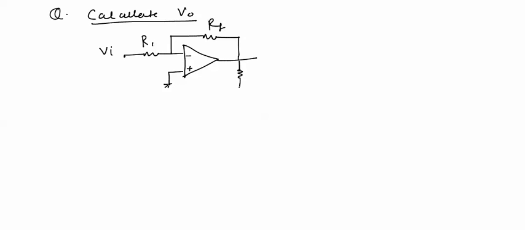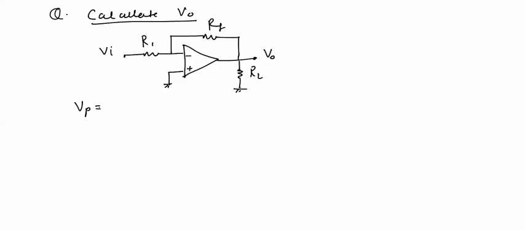In this circuit we can see that it is an inverting amplifier with slight modification. This time we have added a load resistance also. We have to calculate the output voltage V naught. So we will start our discussion.